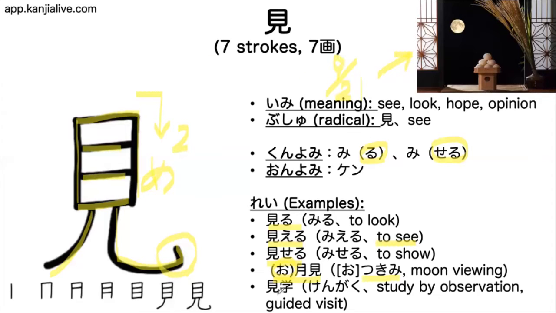The last example is 見学. 学, which we've learned before, is to learn or to study, right? So 見学 means the study by observation.